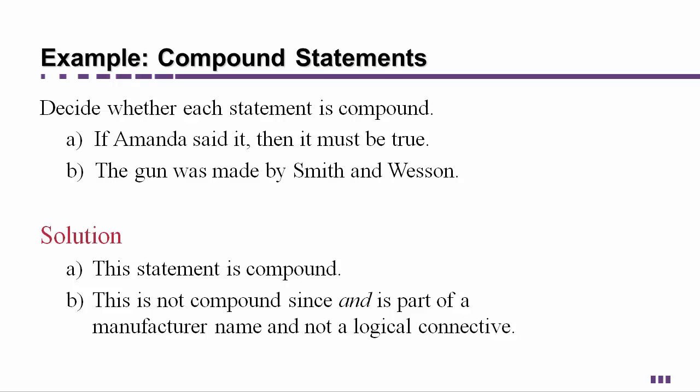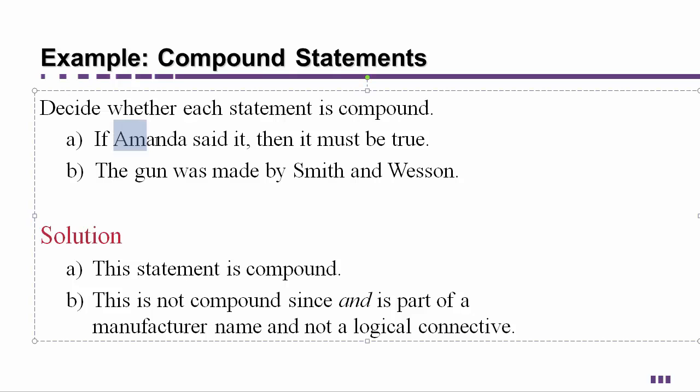All right, let's look at an example. Can we decide whether each of these statements is compound? So, if Amanda said it, then it must be true. Can you see how we have two statements here? We have basically Amanda said it, and that's a statement because it can be true or false, but it can't be both, right?